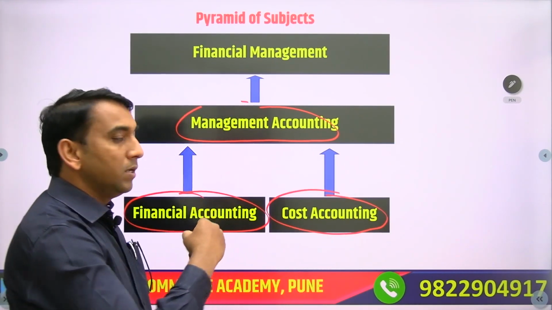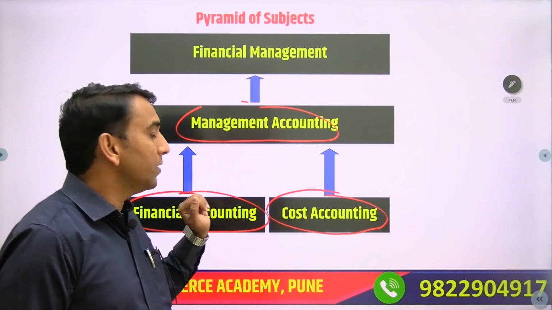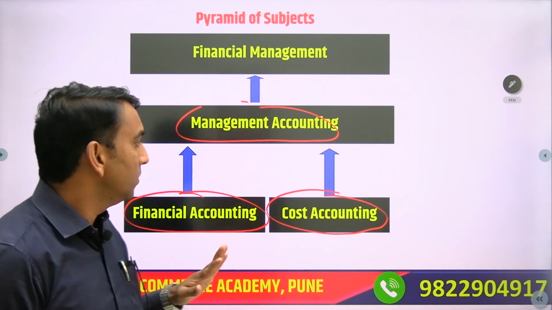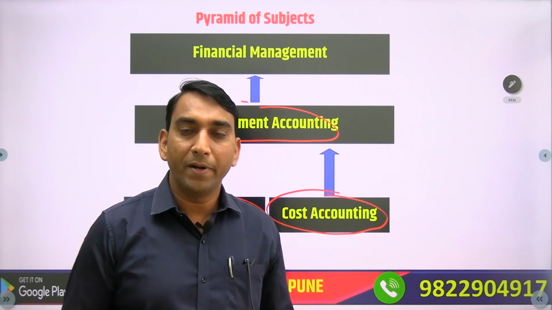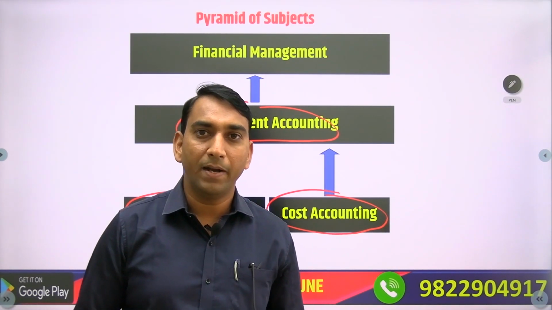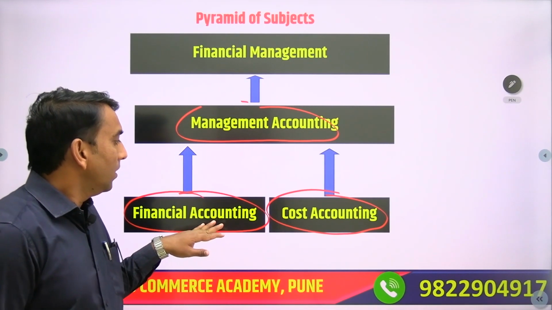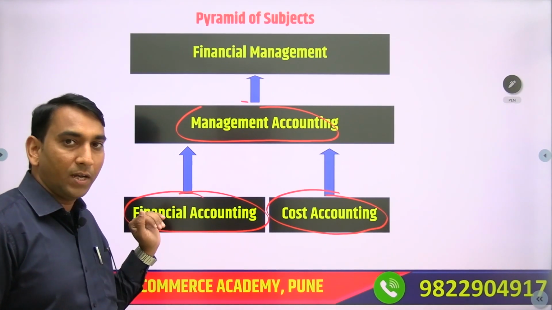Both branches have some limitations. दोनों branch जो है उनके कुछ ना कुछ limitations है. So if you discuss the financial accounting के कुछ limitations है. Generally financial accounting deals with the preparation of financial statement and that is the area covered by the financial accounting.